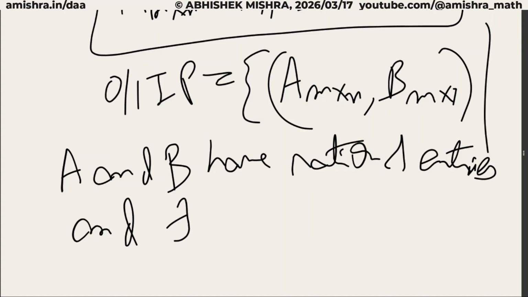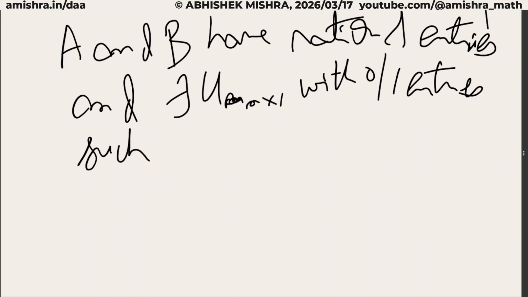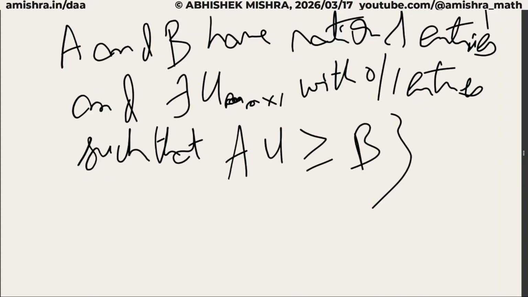There exists U, n cross 1, with 0-1 entries such that the inequality AU is at least B is satisfied. So the yes instances are the pairs of matrices A and B such that we can find a 0-1 solution satisfying all the inequalities.